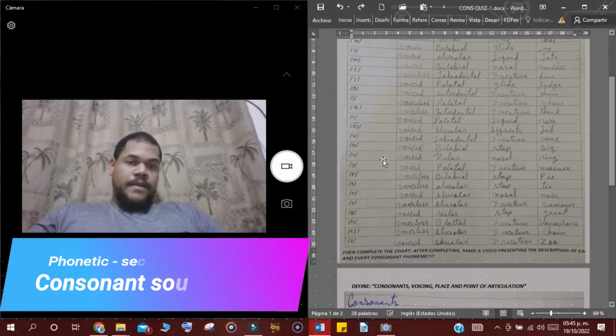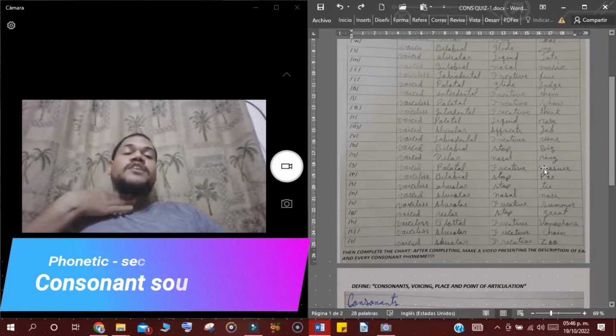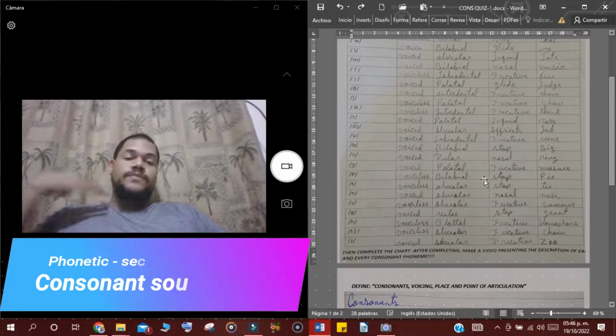Okay, let's continue with that one. That is the representation of the sound that is kind of a zh. This one is voiced, palatal fricative. We got measure, measure.